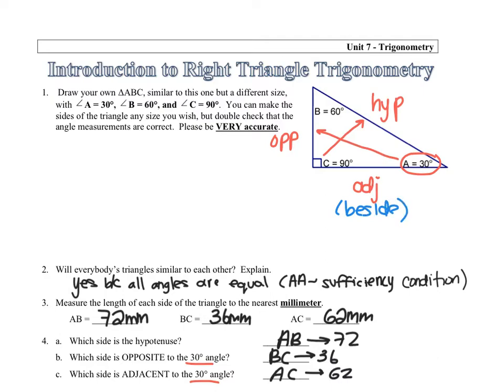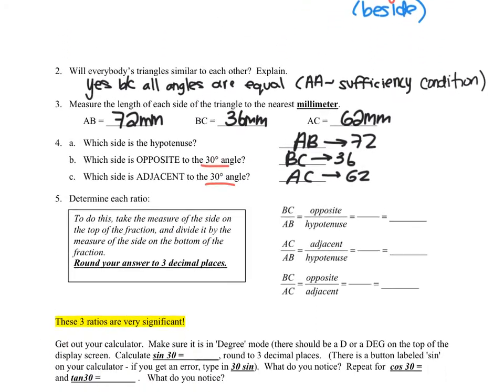Now we're going to determine some ratios: opposite over hypotenuse, adjacent over hypotenuse, and opposite over adjacent. If you compare these answers to everyone in your class, everyone should get the exact same answer. My opposite was 36, my hypotenuse was 72. When I plug that into my calculator, I get 0.5.